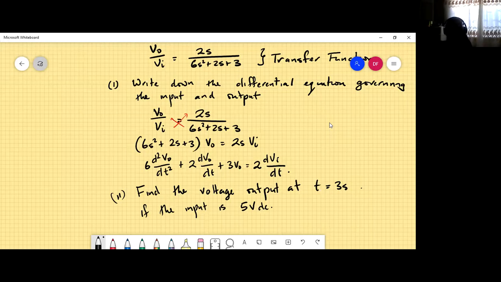All right, so we want to look at that. What's the output at, if I'm looking at the circuit, what I want to find out now. So let me just draw it back over here.